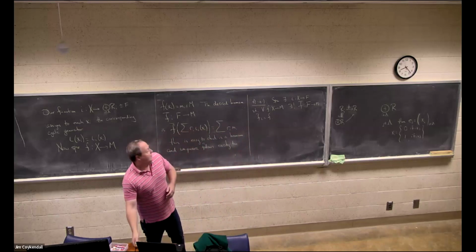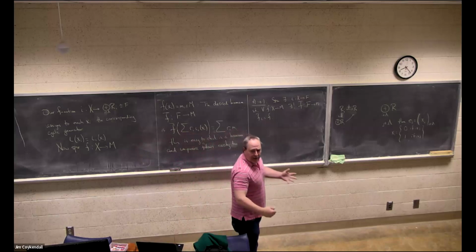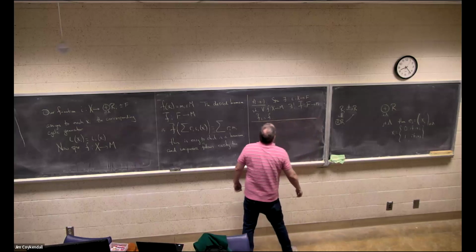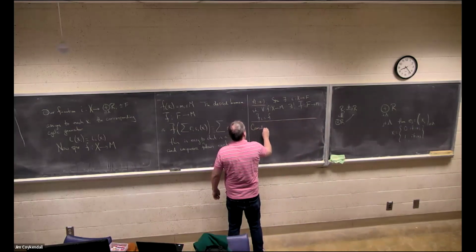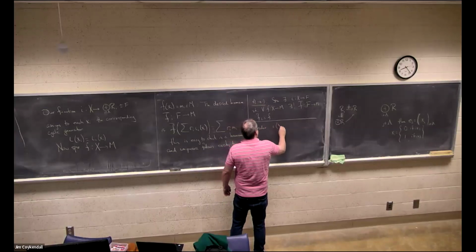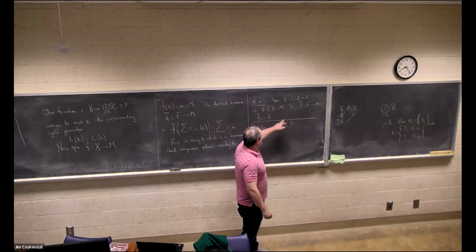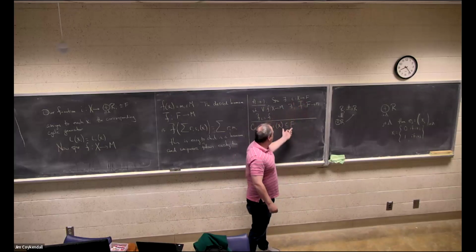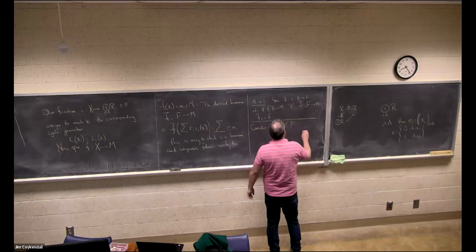Our goal is to show that F has a basis. So I'm going to consider iota of X. This is a subset of F, because iota is just a function that pushes X up into there. I'm going to claim that this image, iota of X, is a basis.